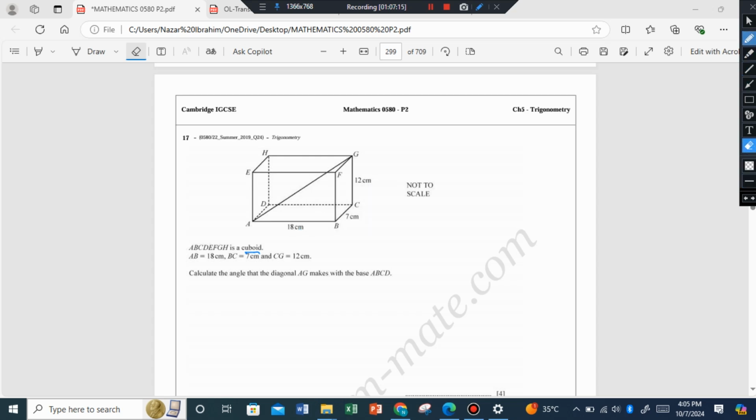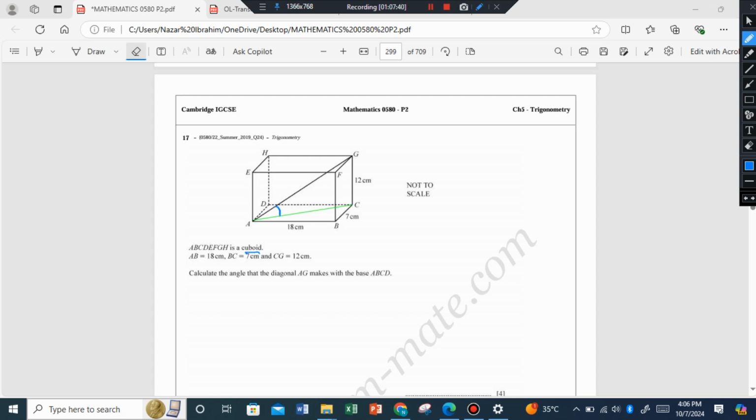Okay, calculate the angle that the diagonal AG makes with the base ABCD. Diagonal AG, the base ABCD, the lower base, right? So it means the line forming from this angle to this angle, right? The angle which we are required to find out is this.